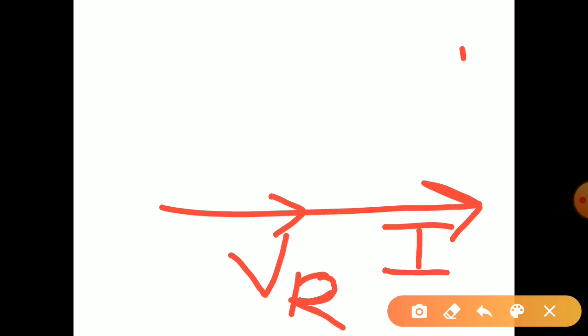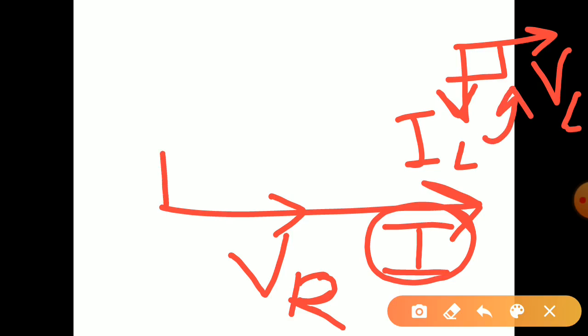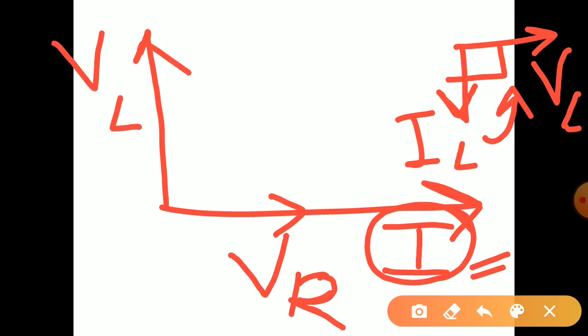Earlier we had drawn VL and IL, that is IL current is lagging VL by 90 degree. Now since we have only the same current I flowing through the circuit, this phasor has shifted upwards and we will have VL here. That is, current I is lagging VL by an angle of 90 degree.